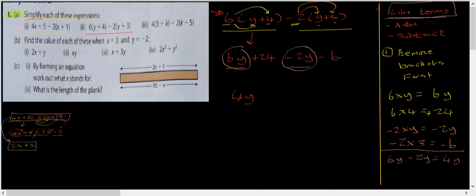So the next part, we want to continue identifying like terms. So we have plus 24 and minus 6, these are just two integers. They're like terms, so therefore we can add these up as well. So plus 24 minus 6 will be equal to, let's just use our calculator.